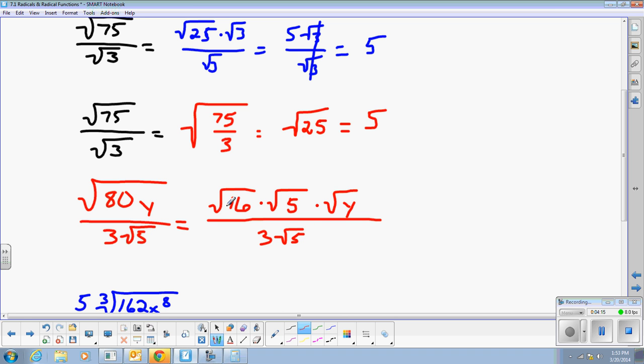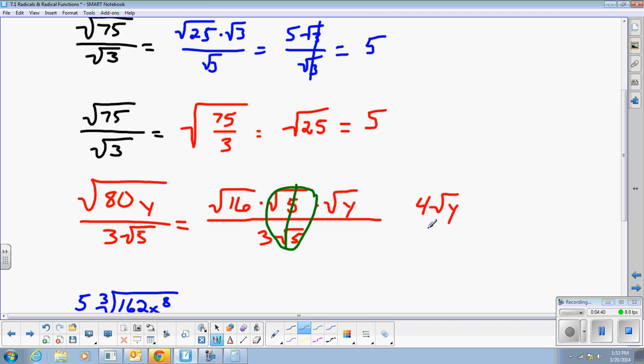So now I have everything on the top is multiplying, and on the bottom, I'm also multiplying 3 times the square root of 5, which means now I can look for common factors between the numerator and denominator. I have a common factor right here, square root of 5 over square root of 5, which means that is 1, so I can cancel that out. Then I have the square root of 16, so that's 4, times the square root of y.